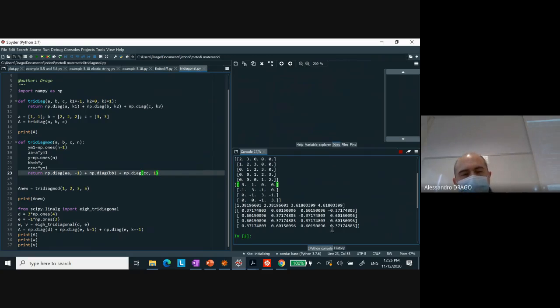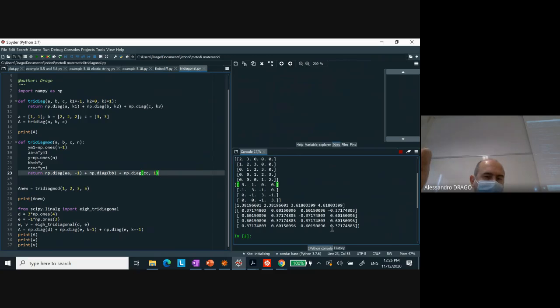The point of this algorithm, as I said, is that, we are not going now into the details of the algorithm, but it's important to keep in mind that this is an example of an algorithm which works only for symmetric tridiagonal matrices, but is, of course, much faster than a generic algorithm that exists for a generic symmetric matrix.